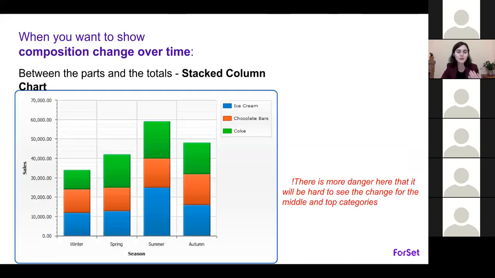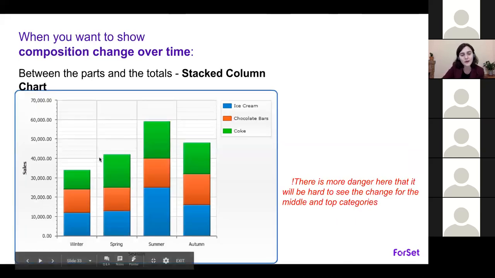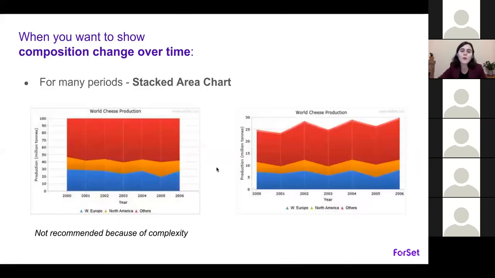It's much easier when there is some space between the columns for the eyes to perceive these as different values, while here we have to look at the whole color and see that, for example, the red color is dominant. If this is the most important message for us, maybe we could consider using this chart.